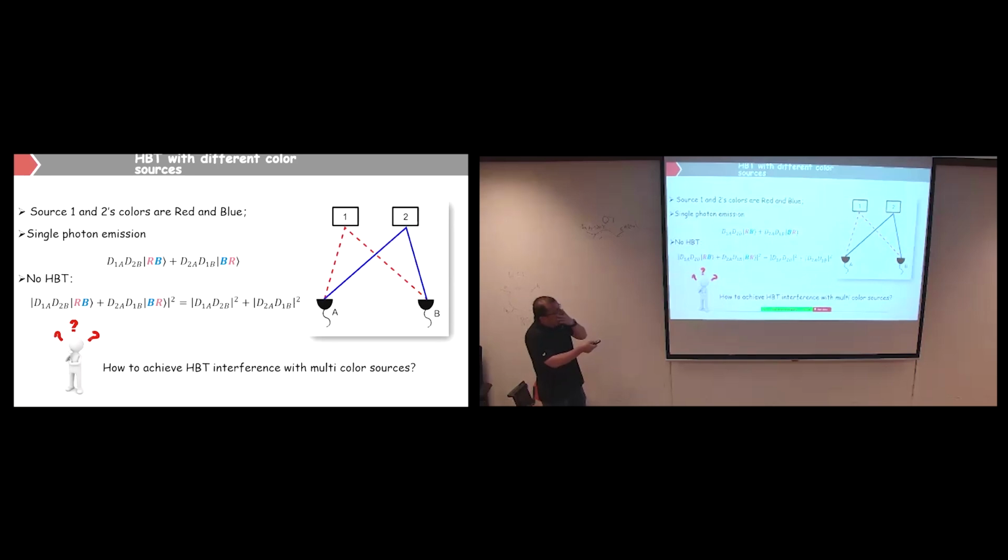For example, if this is a star of this size, and one side of the star has some red light, and the other has some green light, some blue light, you will see that you couldn't observe this HBT interference for different colors. So the problem is, can we achieve HBT interference with multicolor sources?